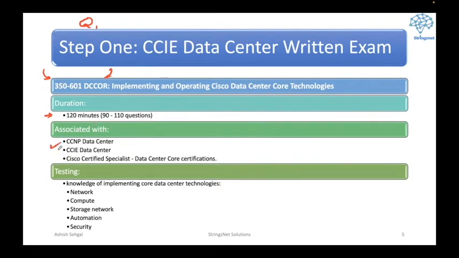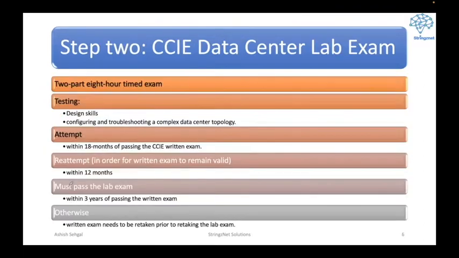This is associated with CCNP Data Center, CCIE Data Center, and Cisco Certified Specialist. This is basically just the written exam. This is considered to be the prerequisite to appear for the lab. I do suggest you should go through it holistically and not just by mugging up, which is normal practice. So for that, we definitely will have a discussion on it.